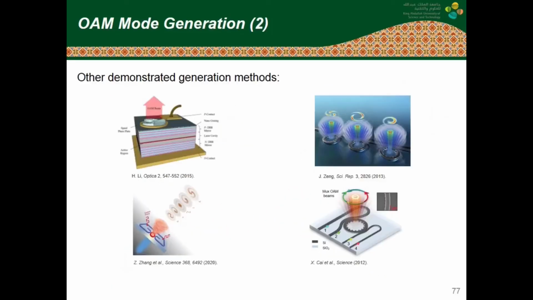Other generation methods involve integrated compact devices based on silicon resonators, also based on metamaterials, and very recently a vertical cavity surface emitting laser with customized OAM output was demonstrated. Last month, an emitter with tunable OAM charges was also demonstrated.